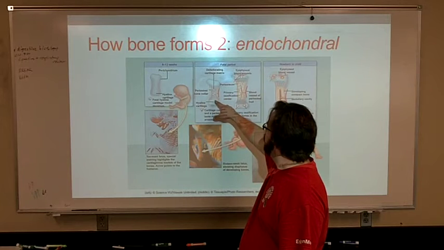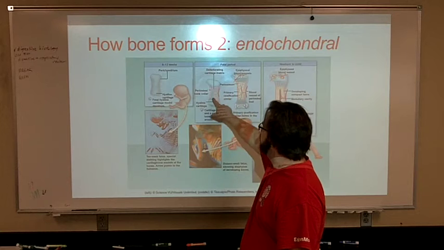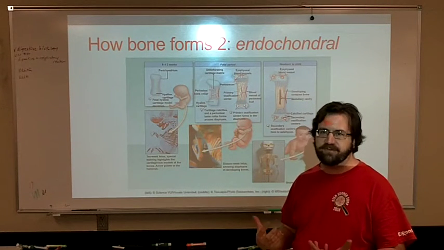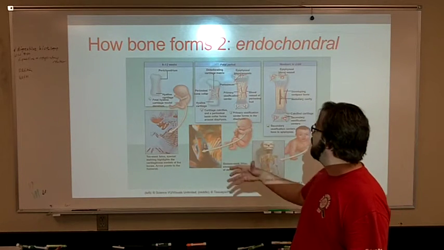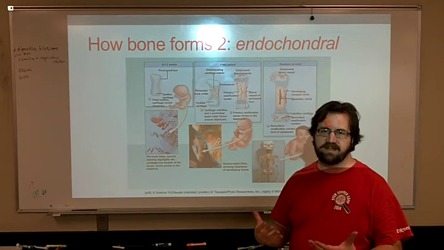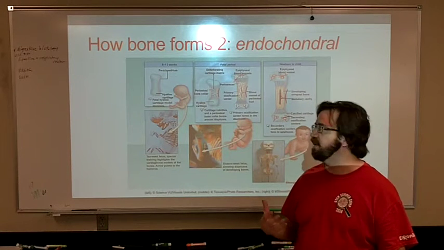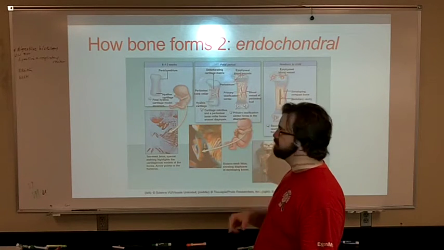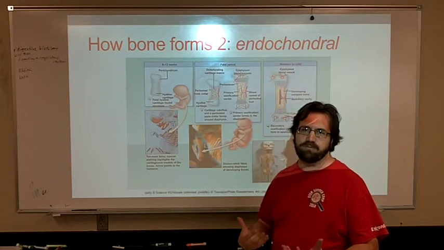And so what happens is that osteocytes inside the middle of the diaphysis start to take apart the cartilage matrix and replace it with new bone, with osteoid. Okay, that osteoid then starts calcifying, just as it did in intramembranous ossification, and so we get an ossification center. And this is called the primary ossification center because it's the first place in the bone where ossification, bone forming, starts to happen.